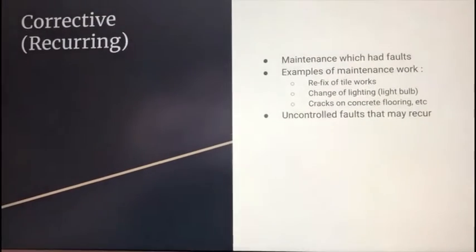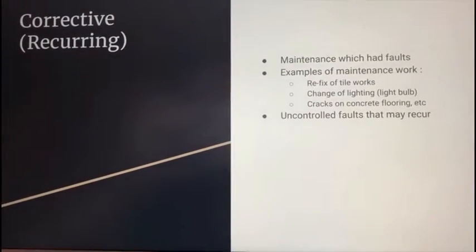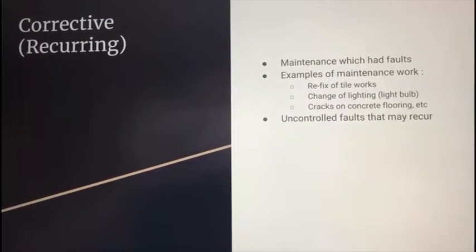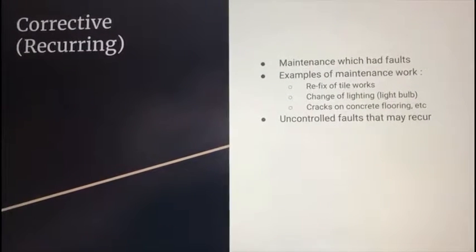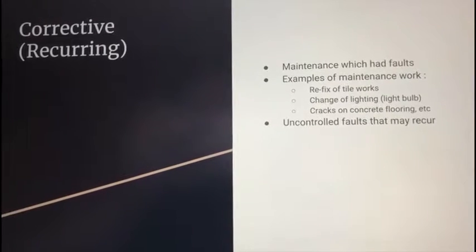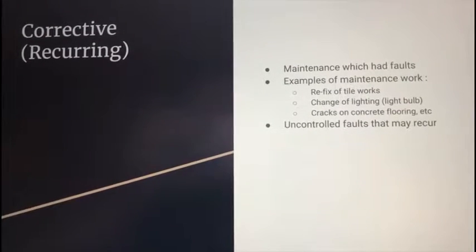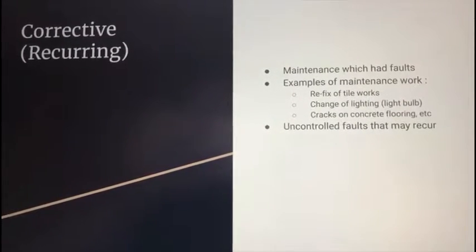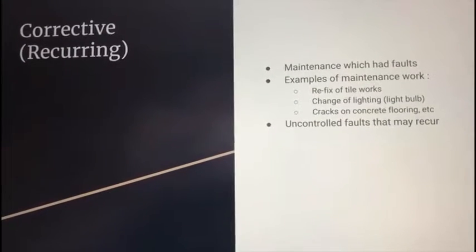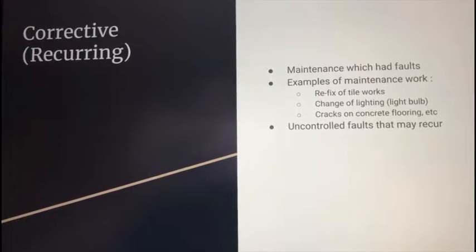Now I'll be talking about corrective maintenance. Under corrective maintenance, there are recurring maintenance and non-recurring maintenance. Recurring maintenance refers to maintenance of faults that may recur. Examples include refixing of tile works, changing of lighting such as light bulbs, and cracks on concrete flooring.